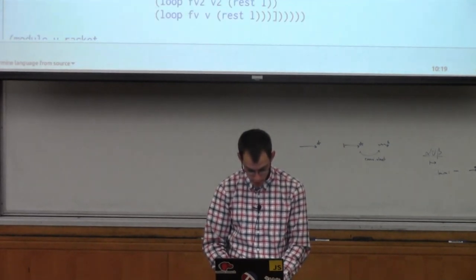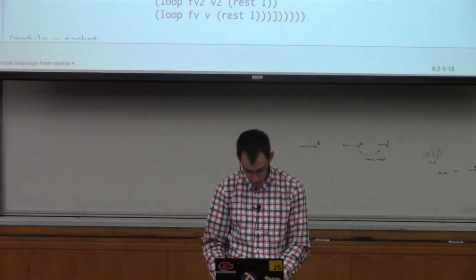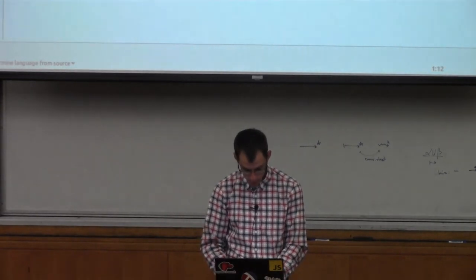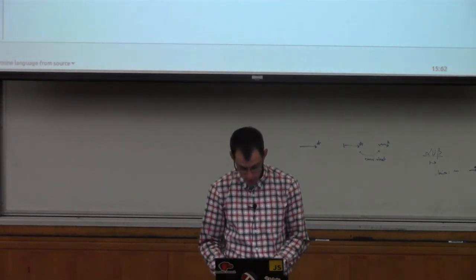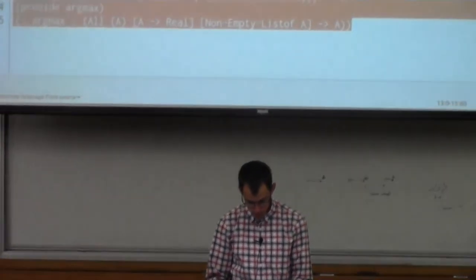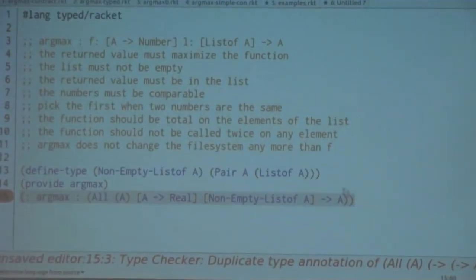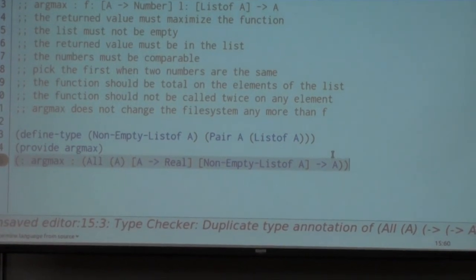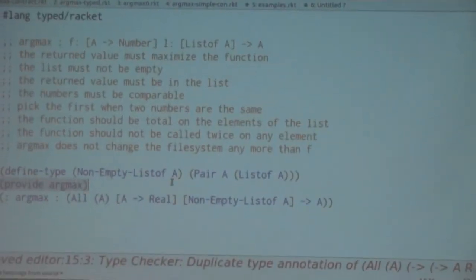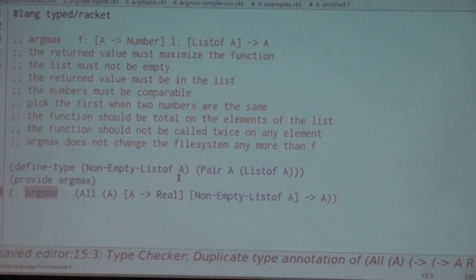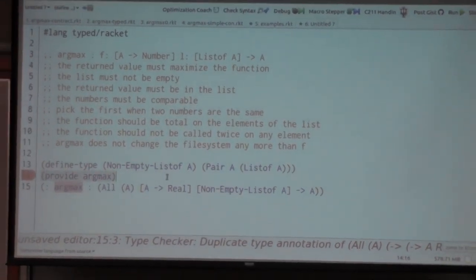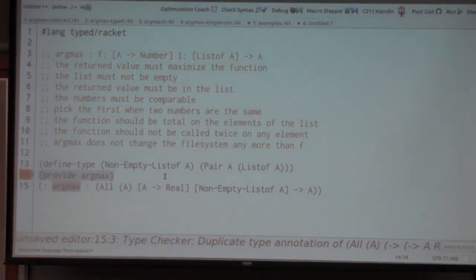So here's a definition of Argmax, which answers your scoping question, or at least a type annotation for Argmax.